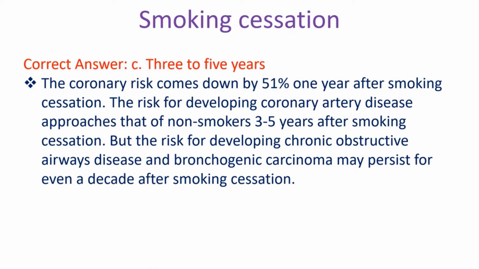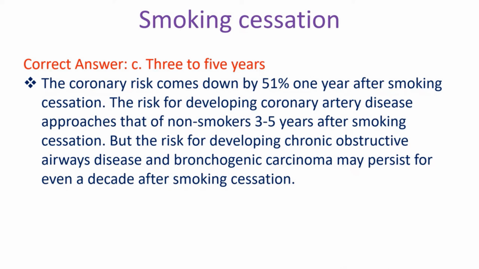The coronary risk comes down by 51% 1 year after smoking cessation. The risk for developing coronary artery disease approaches that of non-smokers 3 to 5 years after smoking cessation. But the risk for developing chronic obstructive airways disease and bronchogenic carcinoma may persist for even a decade after smoking cessation.